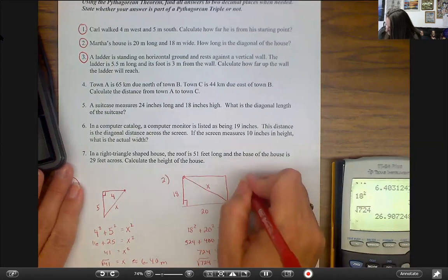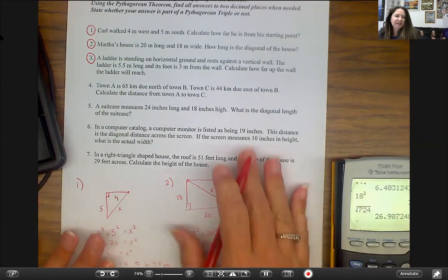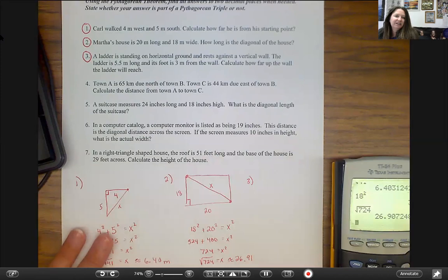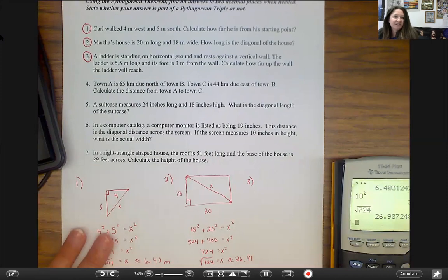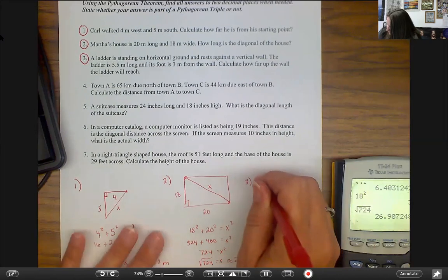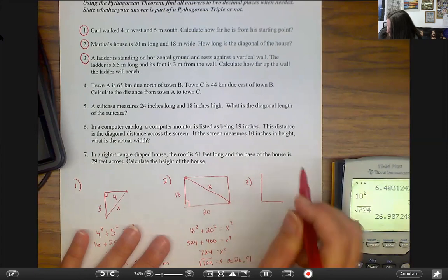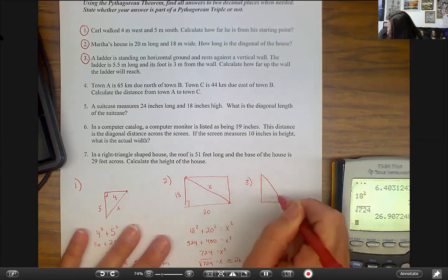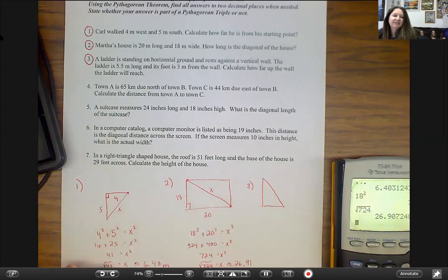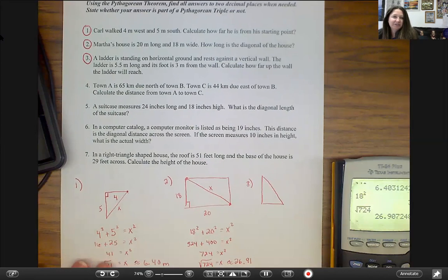All right. In number 3, here we have a ladder that is standing on horizontal ground and rests against a vertical wall. So you've got the wall of the building here, and then here's your ground, and then your ladder would be resting on that. So that would be the hypotenuse.